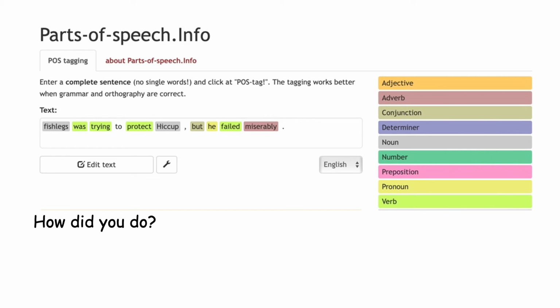To protect are both verbs. Hiccup is the noun. But is the conjunction. He is the pronoun. He failed is the verb. And miserably is an adverb. How did you do?